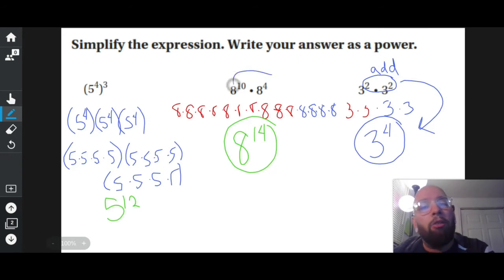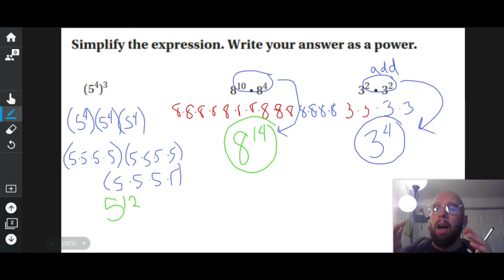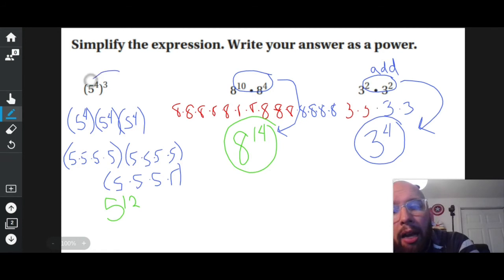So when I multiply two numbers of the same base, I add the exponents. 10 plus 4 is 14. However, when I take a power and throw parentheses around that and take that to another power, I multiply exponents.